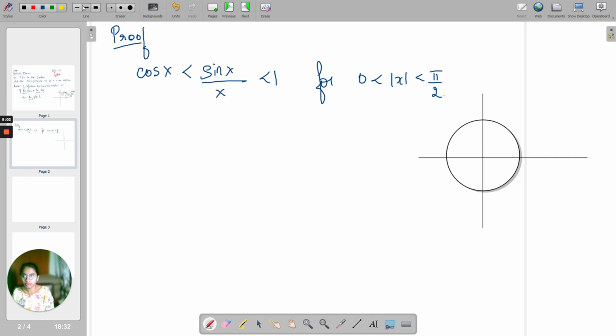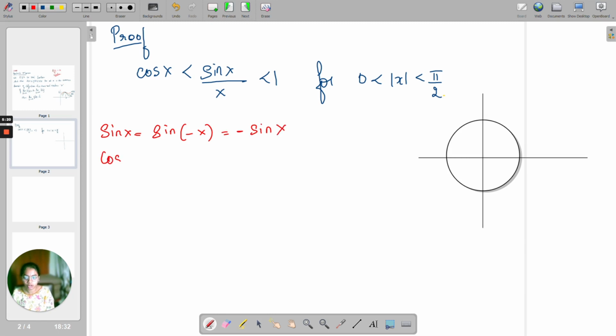Now let me take sin x and replace x with minus x. What would I get? I would get sine of minus x. Sin x is an odd function, so I would get minus sin x.